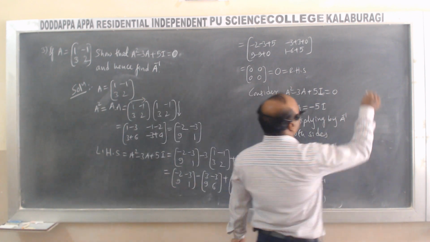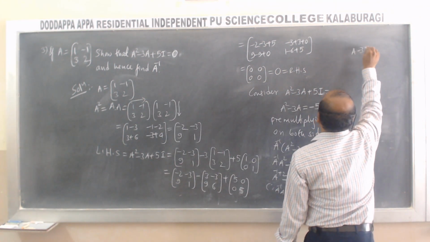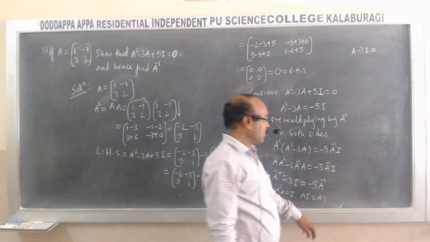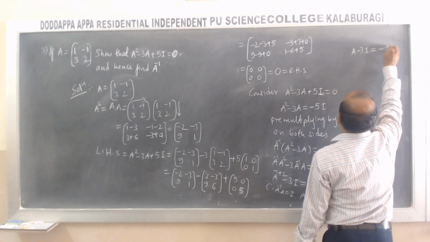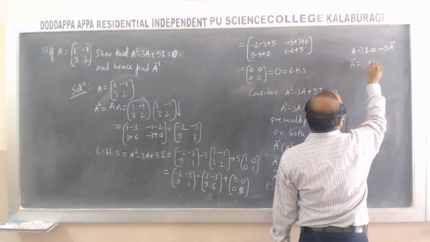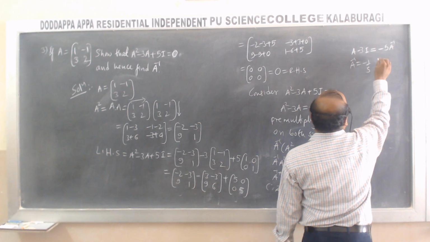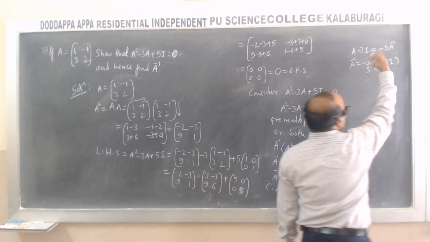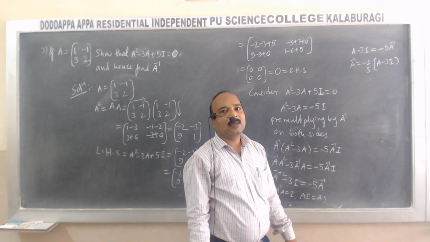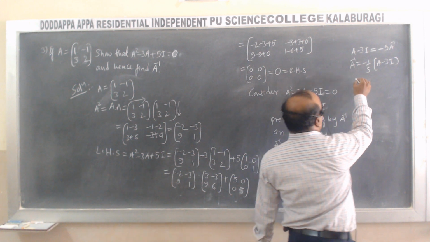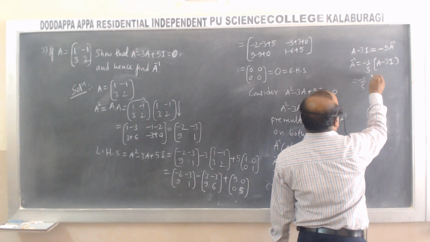Then we get left hand side A minus 3I equal to right hand side minus 5 times A inverse. Therefore A inverse is given by minus 1 by 5 times A minus 3I. We take minus 5 to that side, it gets minus 1 by 5. Next it is minus 1 by 5 as it is.